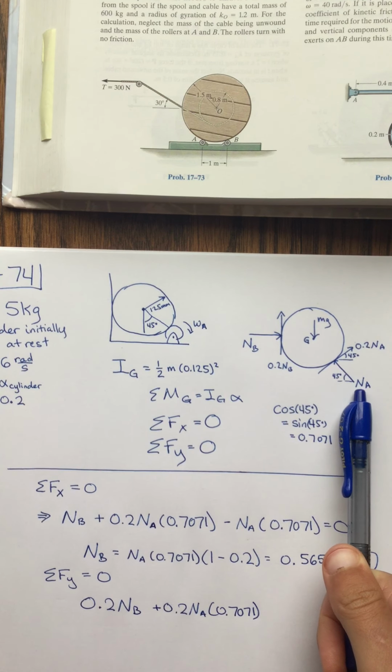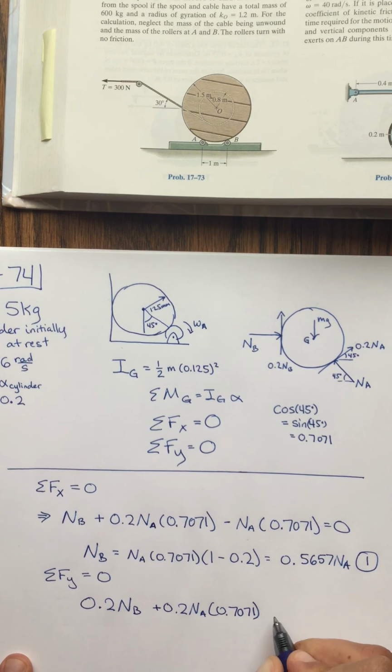And this normal force also has a component acting upwards, so that is plus NA times 0.7071. And then I have the force of gravity acting downwards, and so that is minus mg. That's equal to 0.